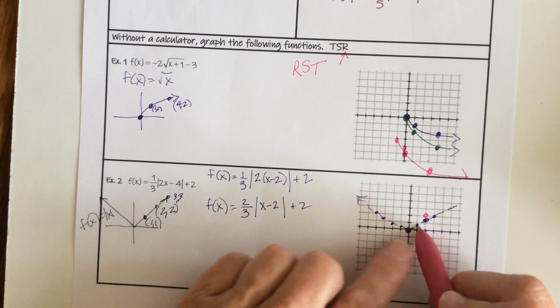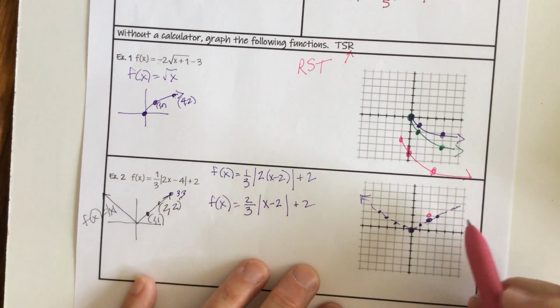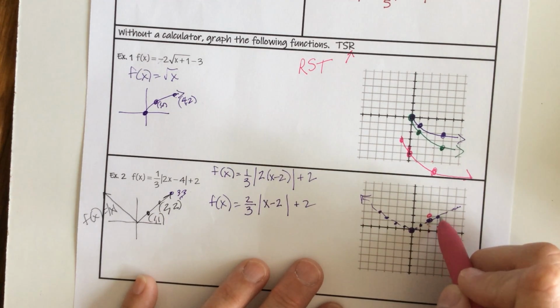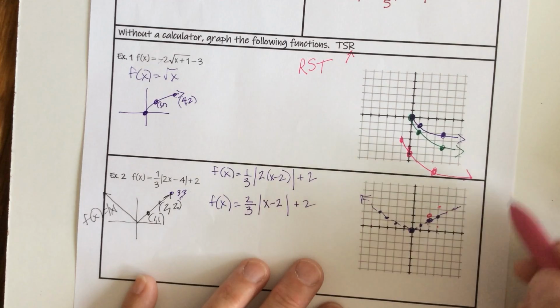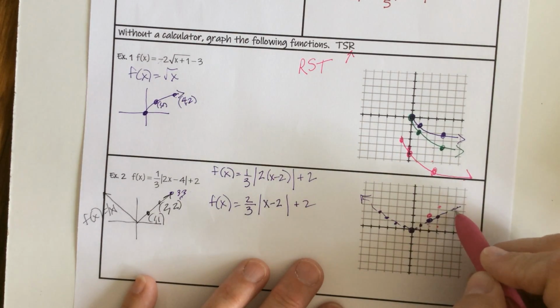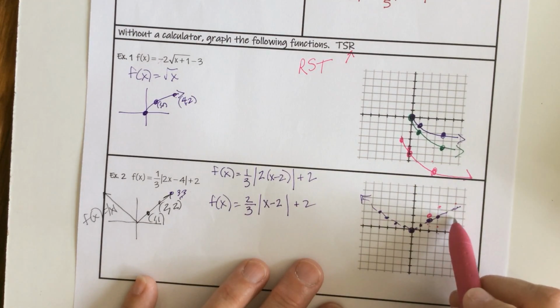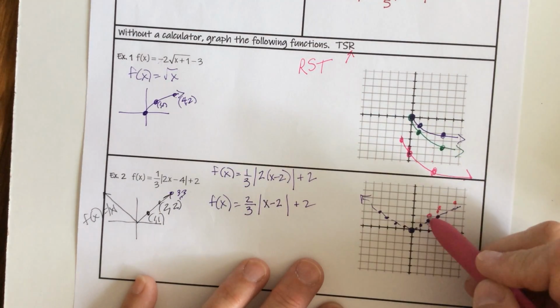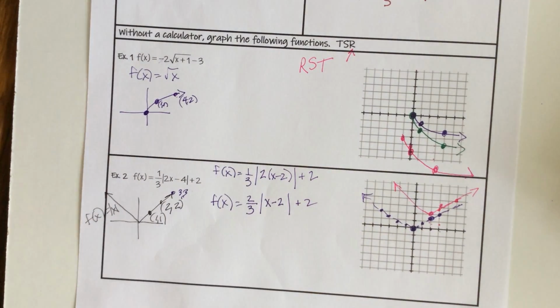If I take the point here, I go over 2 and then I go up 2, my point is here. And this point, I'm going to go over 2 and up. That wasn't right. So go over 2 and up 2. I still have my points a little off, but you have your shifts, and that's going to look this way.